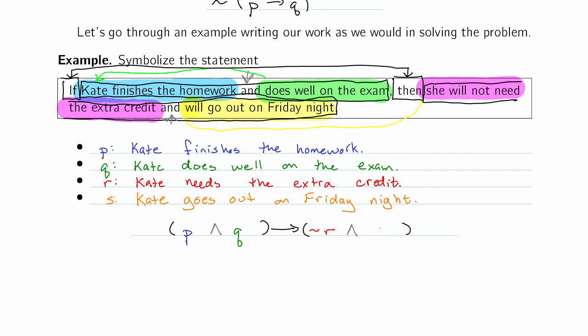That's S. So our whole sentence is symbolized as, in parentheses P and Q, then in parentheses not R and S. And there we go. So that's what we would actually write if we were trying to parse this statement. And again, I really encourage you to copy out these complex statements when you're working on the computer so that you can mark them up in this way.